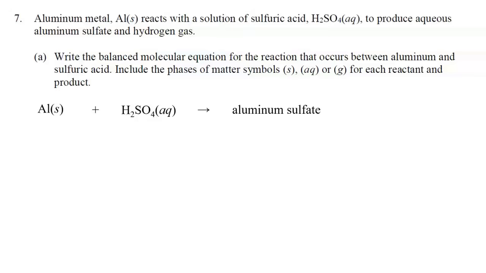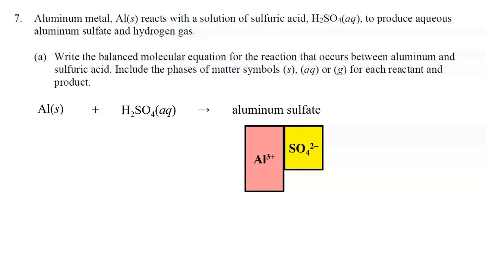If you're not sure how to write the formula for aluminum sulfate, break it down into the cation, which is aluminum, and then the anion, which is sulfate. The formula and charge for the aluminum ion would be Al 3+, based on where we find aluminum on the periodic table. That pattern gives aluminum a charge of 3+. Now sulfate is a polyatomic ion, and it has the formula SO4 with a charge of 2-.